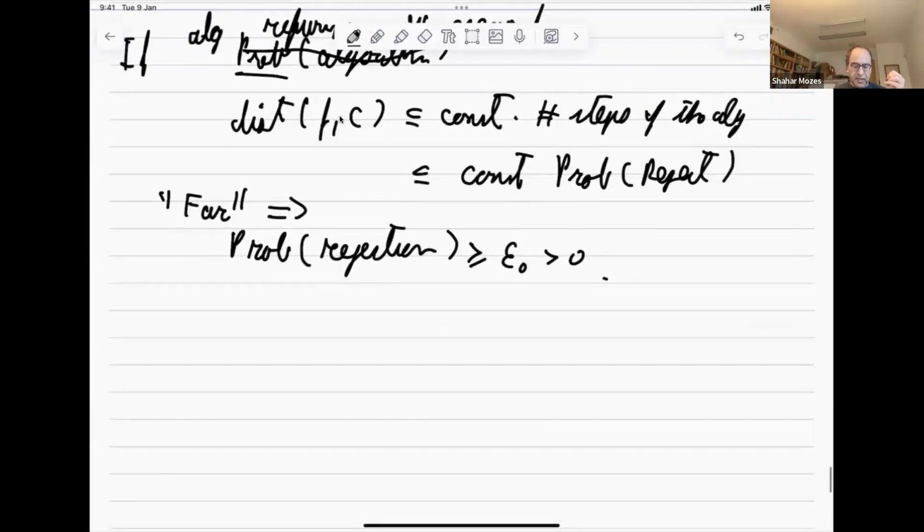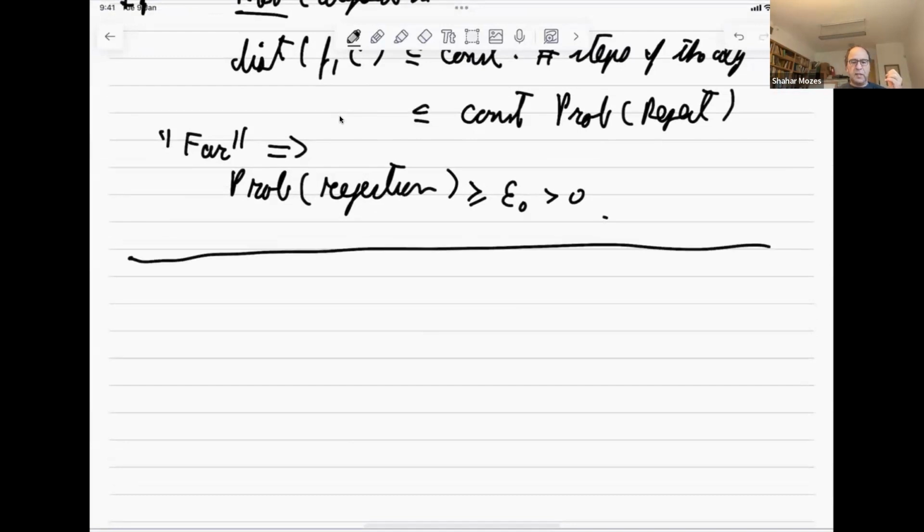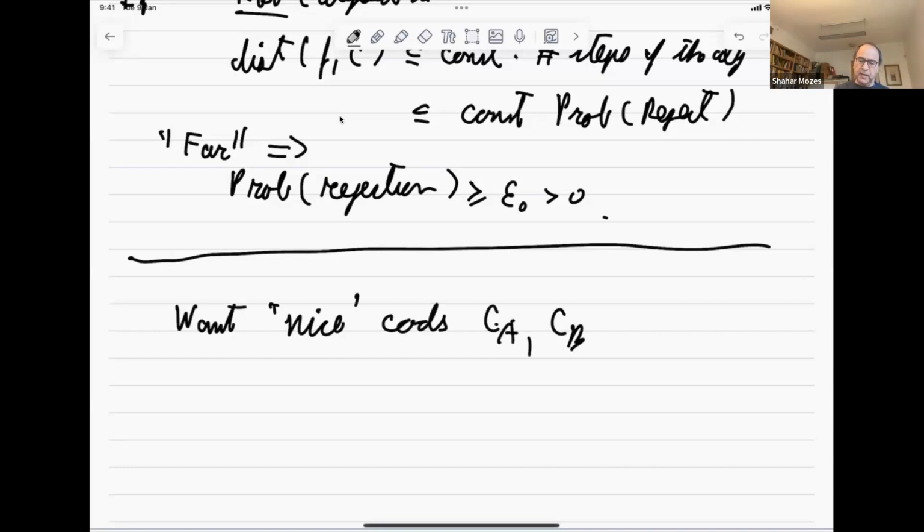Okay, I want to say something about this small part, which is more group theoretic. So remember, we want two things for the ingredients. We want nice codes CA, CB. This means that they have good weight, but they are fixed codes, so that's not a problem.